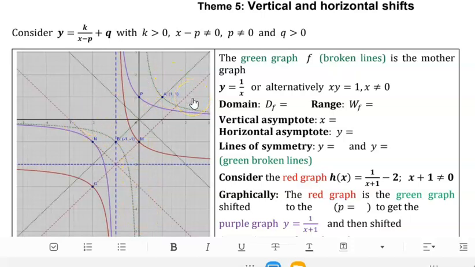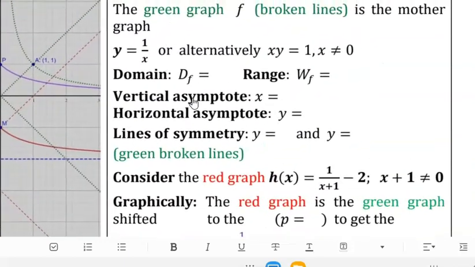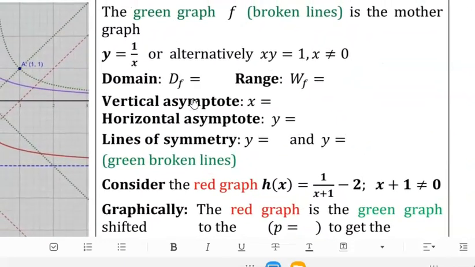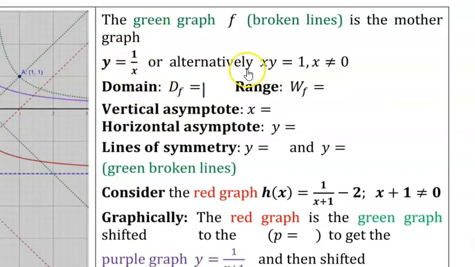So first look at the algebra or the theory, what we need to know. For y equal to 1 over x, the domain is everything except 0 because we cannot divide by 0. And the range is also everything except 0, and the reason for that is the numerator of that function is unequal to 0, so we cannot have an answer of 0.